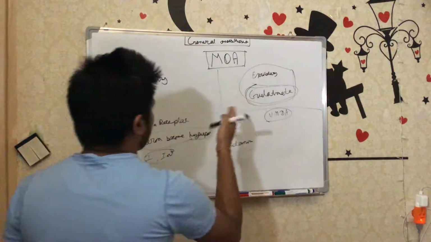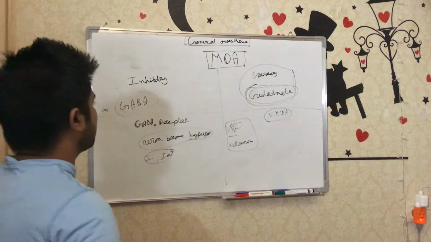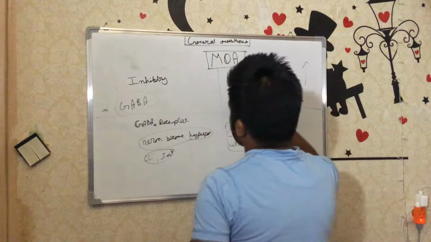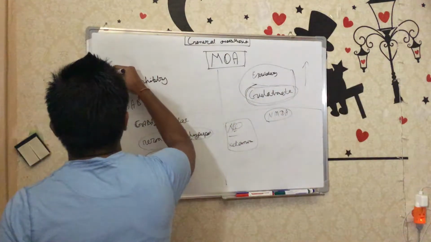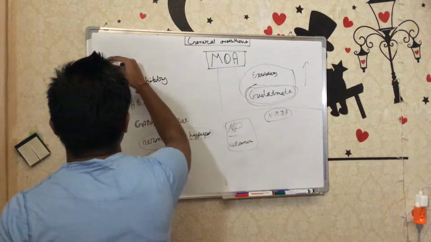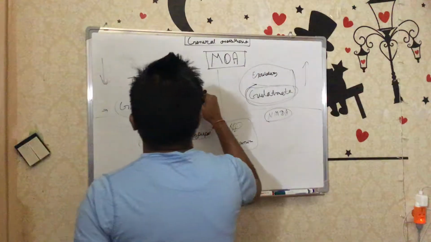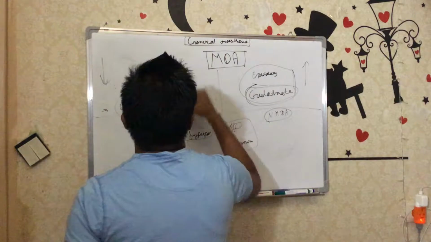GABA is an inhibitory neuron, glutamate is an excitatory neuron. Whenever the brain is too excited, the amount of GABA automatically increases, and then the brain becomes normal by compensation. And whenever the amount of GABA increases too much, what does it mean?